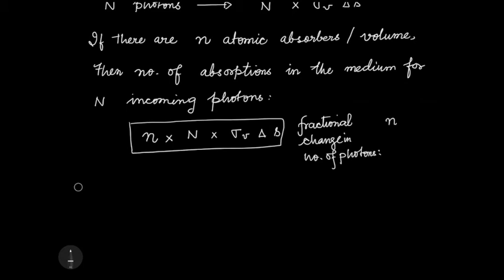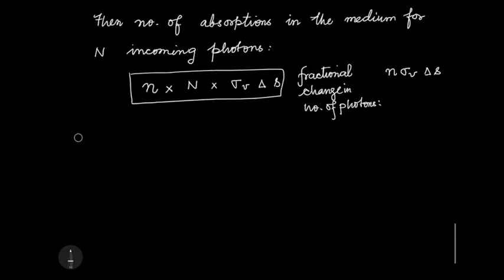Fractional change is change with respect to the original number. The original number is n, so the fractional change will be n sigma nu delta s. Now the fractional change in the number of photons will be the same as the fractional change in the intensity, because the intensity is higher if the number of photons is higher, right? I should write a minus sign here because this change is negative, it decreases.